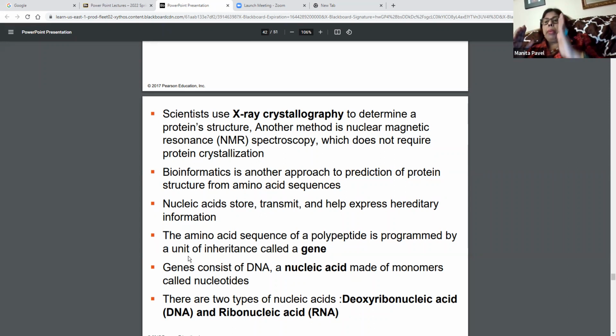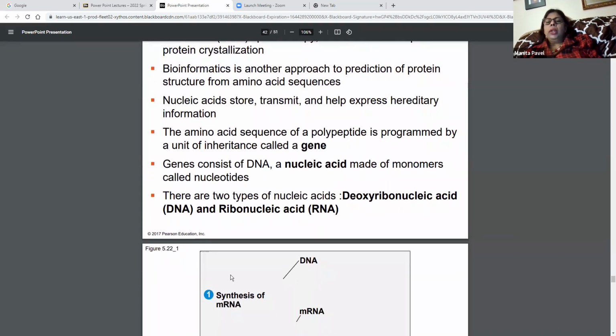So DNA, number one, what does the acronym DNA stand for? The acronym DNA stands for deoxyribonucleic acid. RNA is ribonucleic acid. Number 2 point.